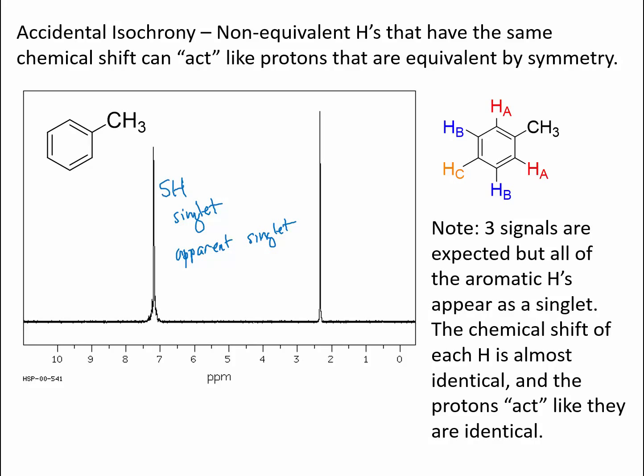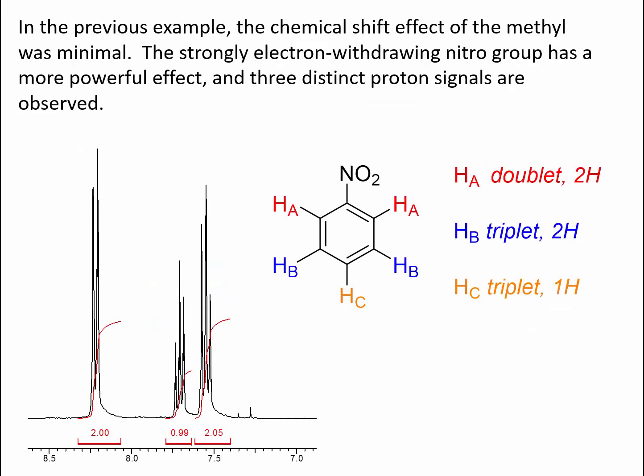If you go to a higher frequency, a more powerful spectrometer, you can sometimes see coupling that you didn't see before, but on this machine, the 5 aromatic protons are acting as if they're equivalent.